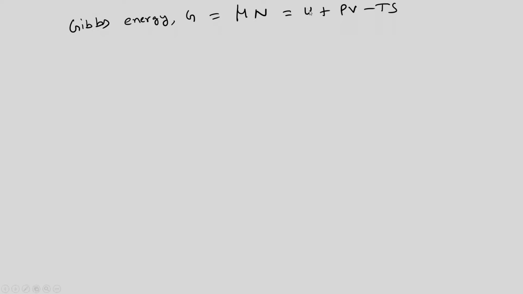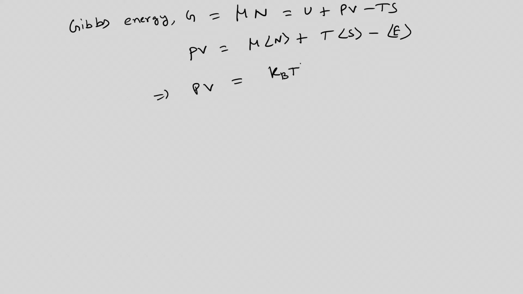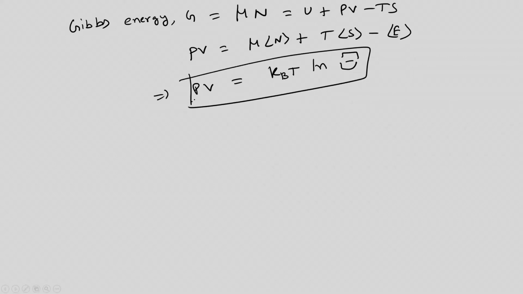And PV is mu times n average plus T times n average minus E average. So, if we further carry out, we get PV is KBT ln this. Okay. So, we have discussed the grand canonical ensemble so far.